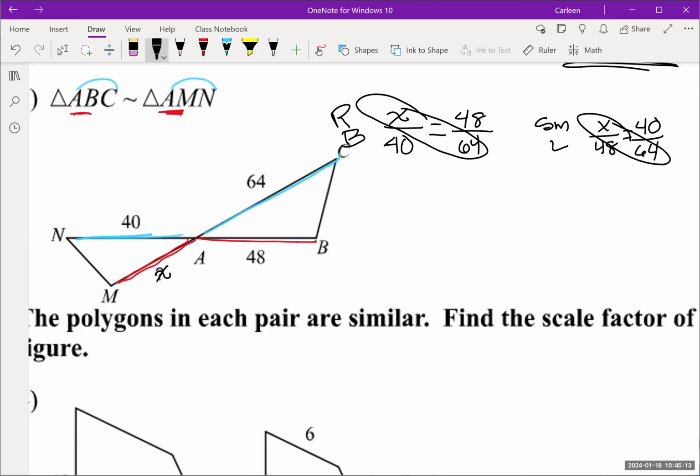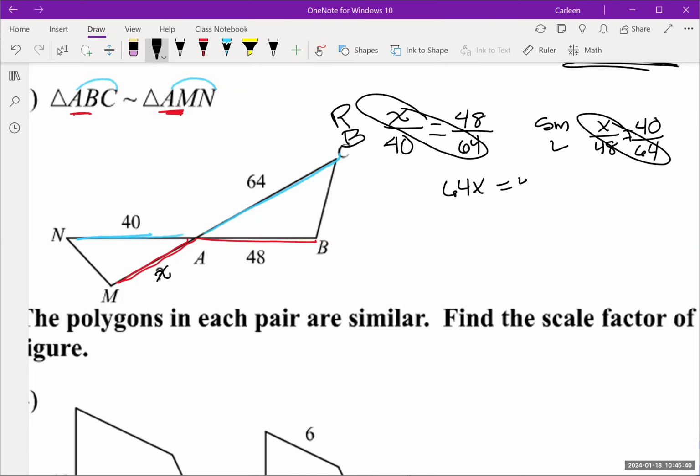Can you see that both of these, as long as you line them up correctly and you have a method for lining them up, both of these will still give you 64x is equal to, I don't know. 64x is equal to, yeah, let's write that.